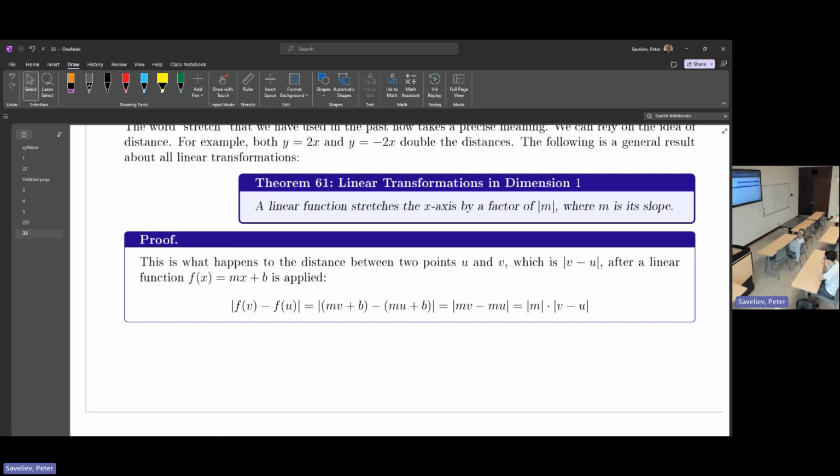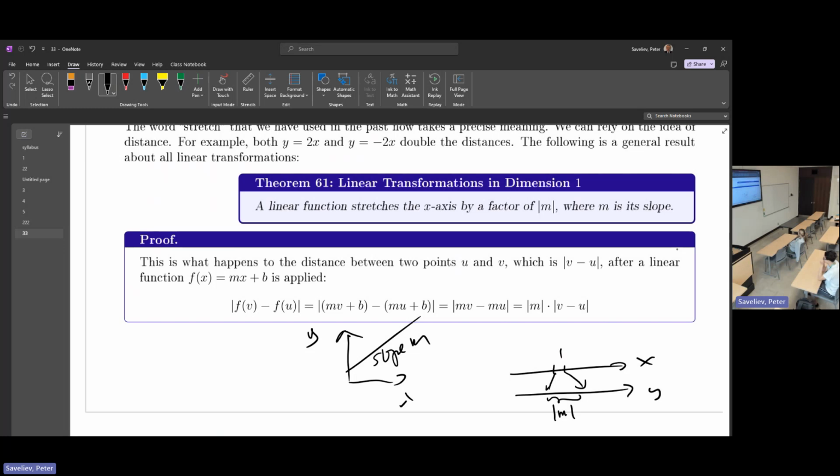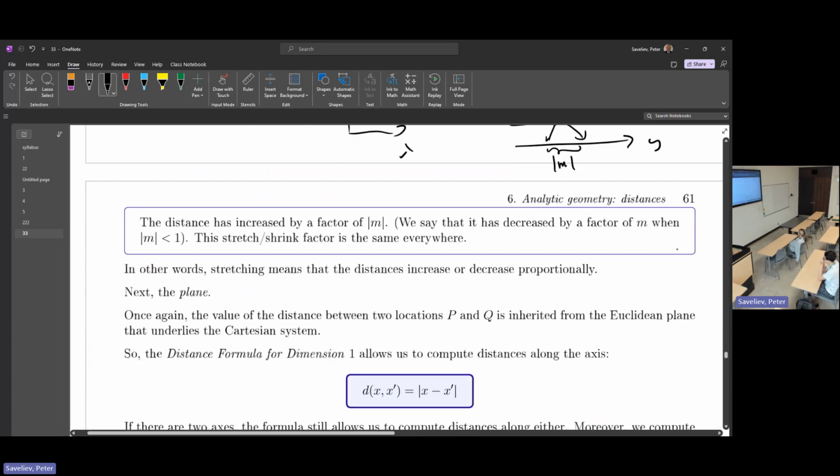The absolute value of the slope, if we abandon the idea of x and y being coordinates to each other, so this is slope m, I put x here, I put y there, and if the distance was 1, this becomes the absolute value of m. So m could be negative or positive, right? But if we speak of stretching of our x-axis, then it is being stretched by that factor. Once again, the direction doesn't matter.